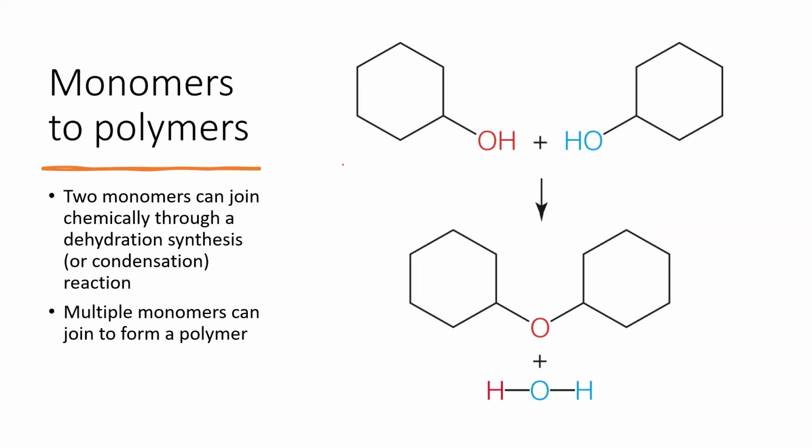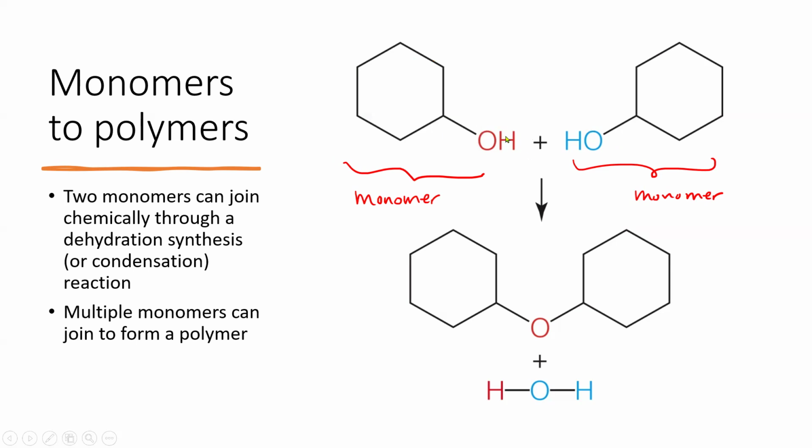So here I have a monomer. Don't worry about what the hexagon means at the moment. I will explain later. And this is another monomer. You can see on each monomer there is this OH group.